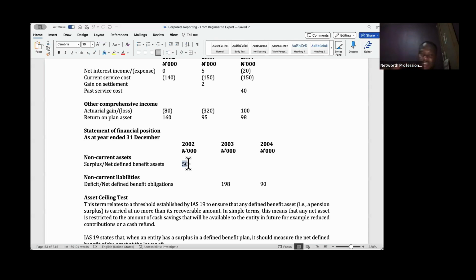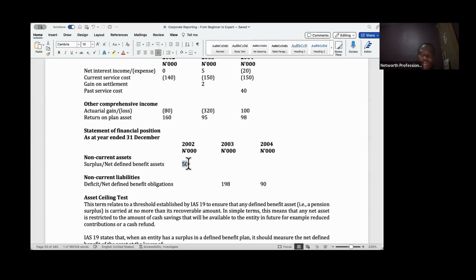And in this case, the benefits we can get from this scenario is either we are getting a refund, because for you to have a surplus or a net defined benefit asset, for your plan asset to be higher than your defined benefit obligation is because you have contributed so much money. In fact, you have over contributed.